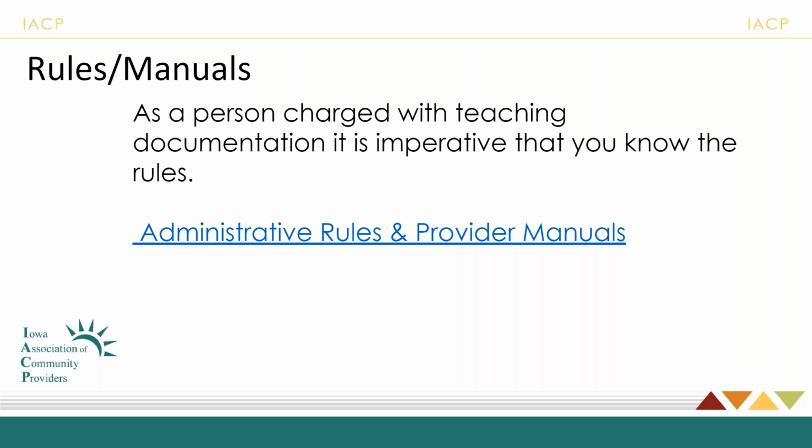Chapter 77 is the condition of participation for Medicaid providers, and that's going to tell you what you as a provider need to have in place, whether that be policies, training requirements. The incident reporting rules are in Chapter 77. Any certifications you need to have to be enabled to provide that service. All of those things you're going to find in Iowa Administrative Code 77.